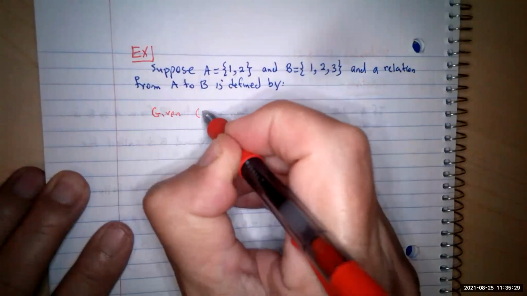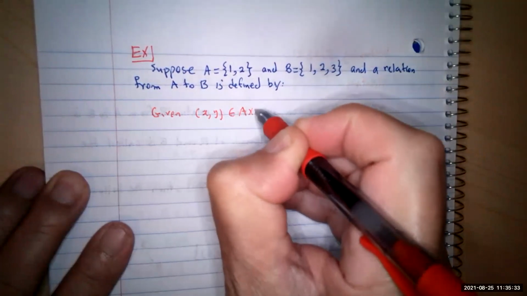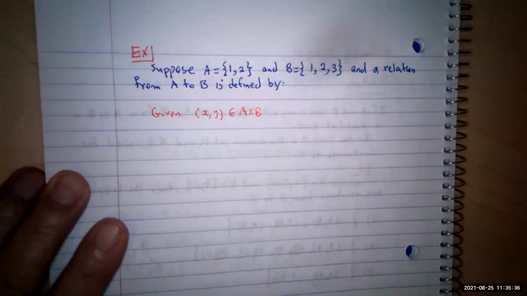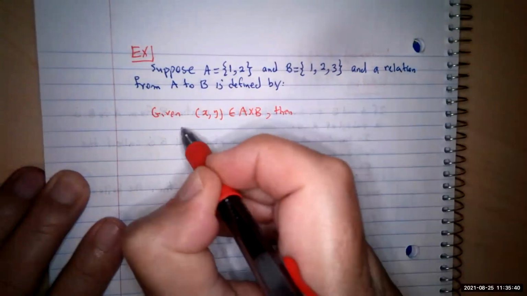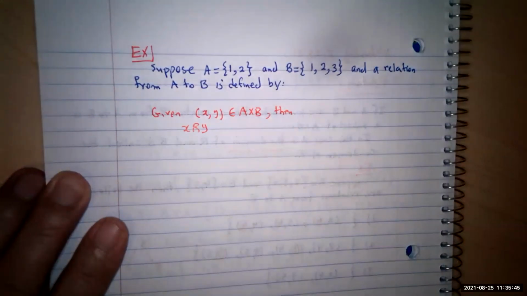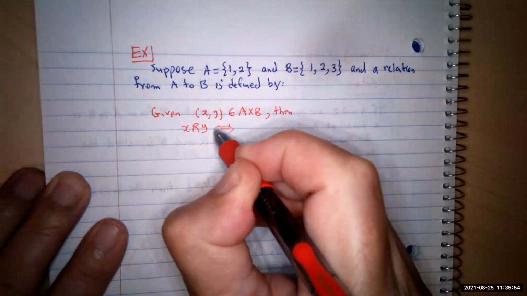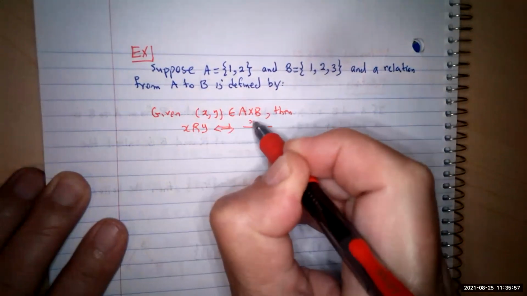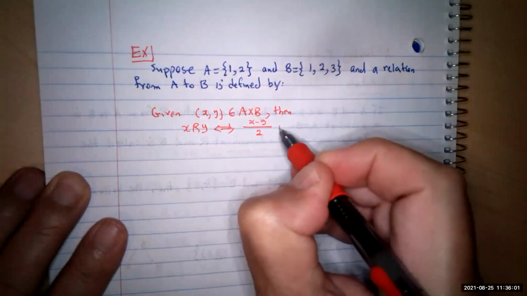If you pick an ordered pair X, comma Y in A cross B, then X is related to Y, meaning X and Y are in R, if and only if X minus Y over 2 is an integer.